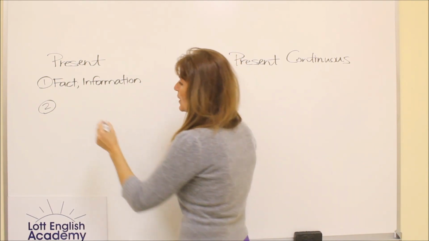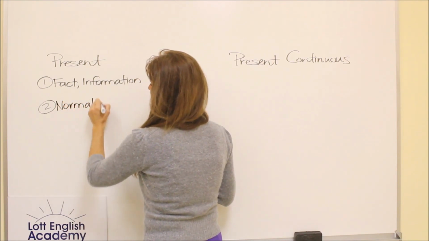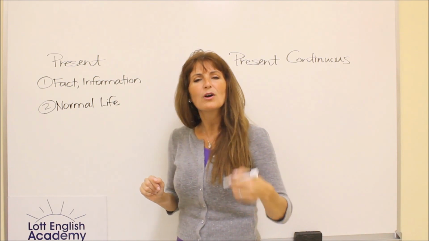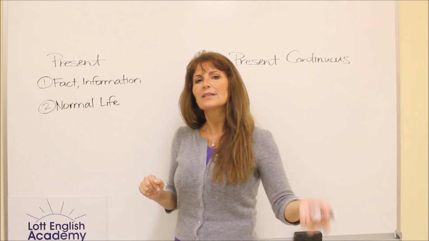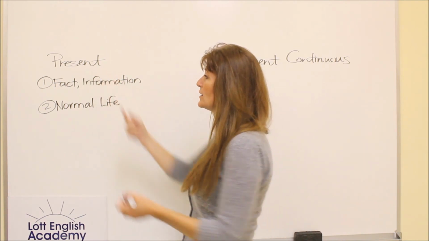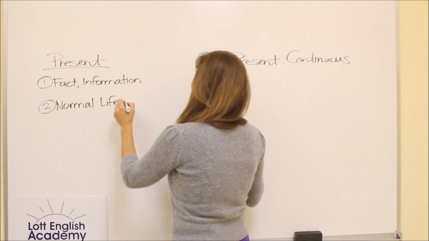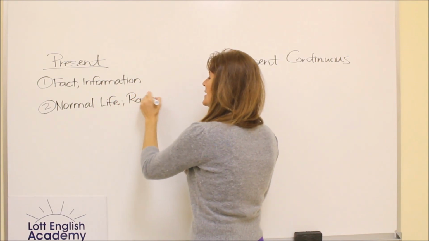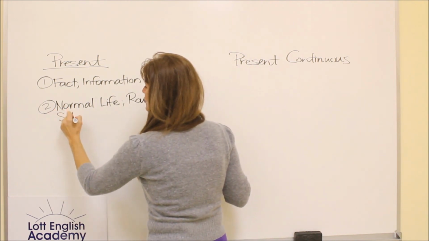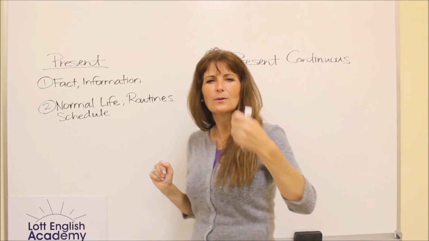So when we describe our normal life, things that are regular for us, things that are part of our routine or our normal schedule, those things for normal life, we want to put into the present tense. So normal life, routine, things that are in our schedule that repeat regularly.